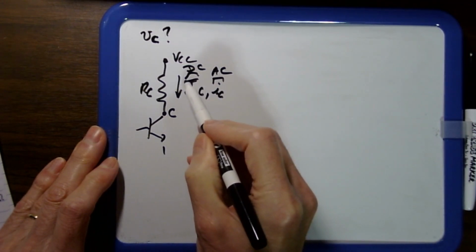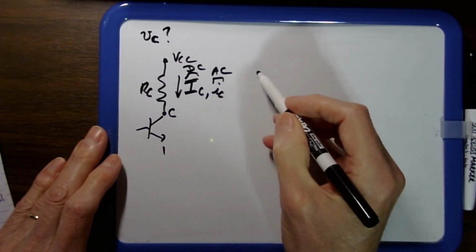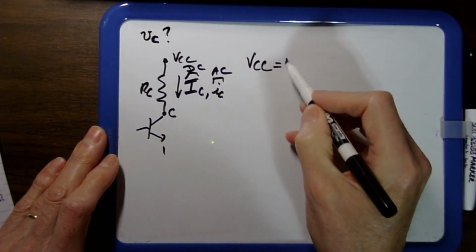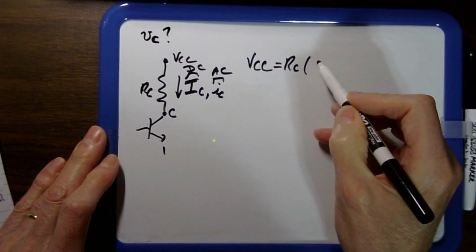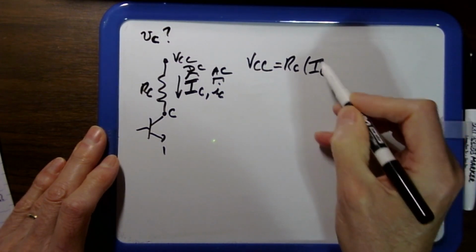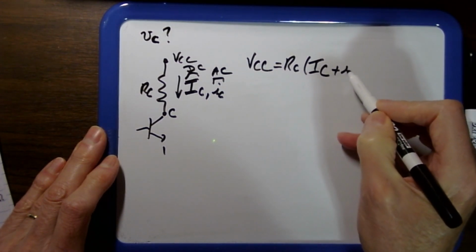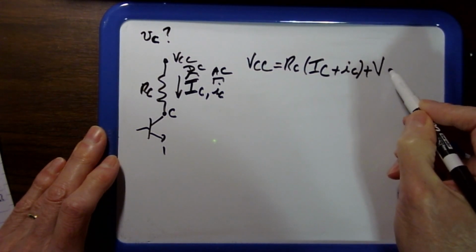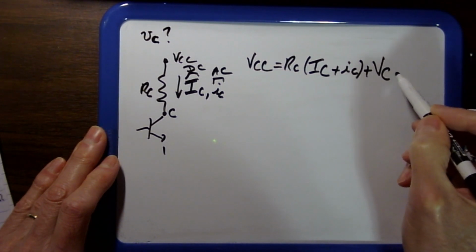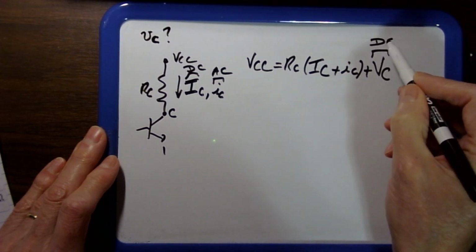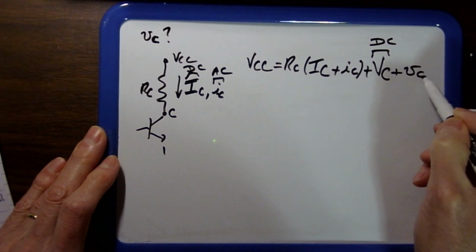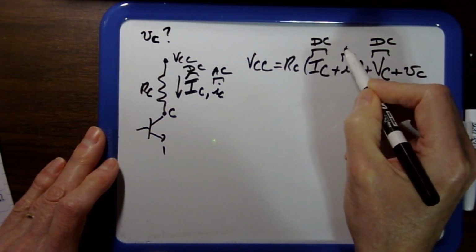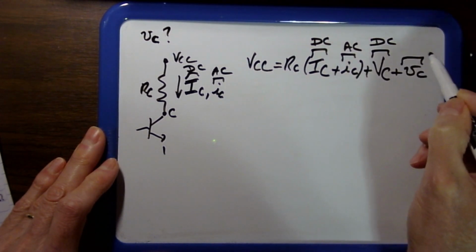So just use KVL. So VCC is equal to RC times IC, big C plus small i, small c, plus VC, big C, so that's DC, plus VC. So this is DC, this is AC, this is AC.